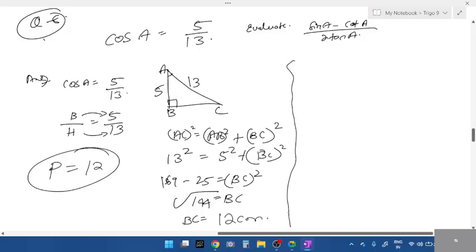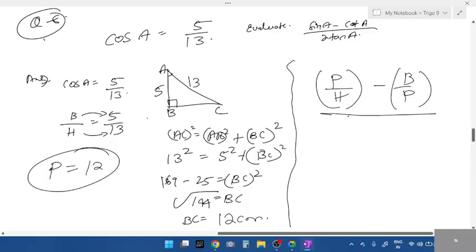Write it neatly, students. Write it one below the other. You get one question for 3 marks. Next, sin A. Sin A is perpendicular by hypotenuse minus cot. What is the cot formula? Very good.